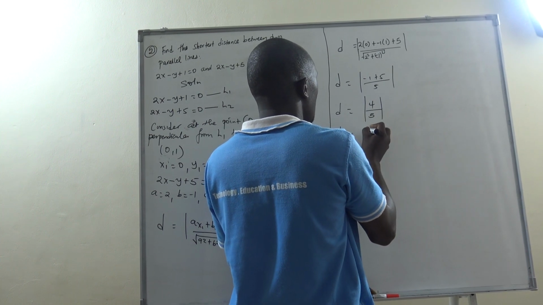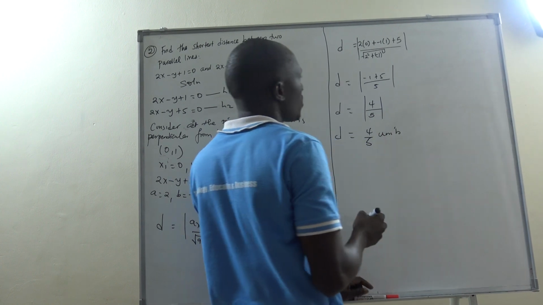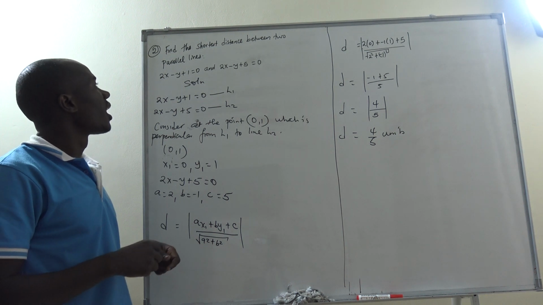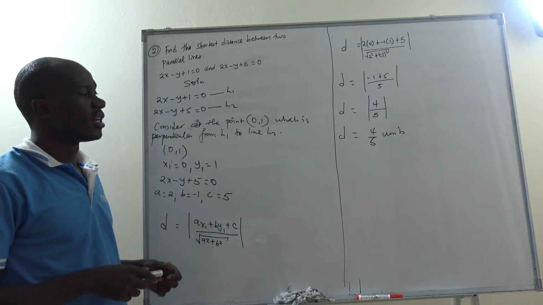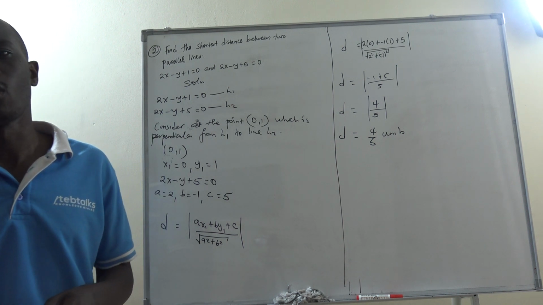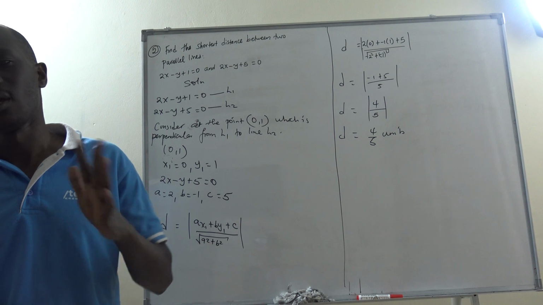So it remains as 4 out of 5 units. So that is the perpendicular distance coming from the lines which are perpendicular to each other. That's what you can do with what we call perpendicular distance.